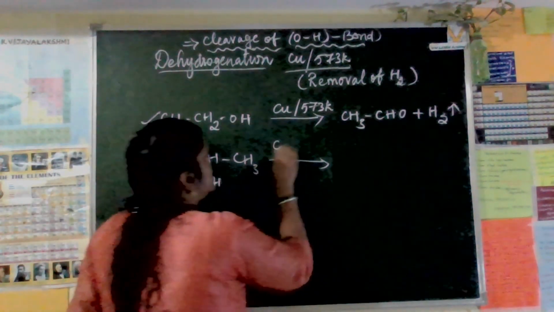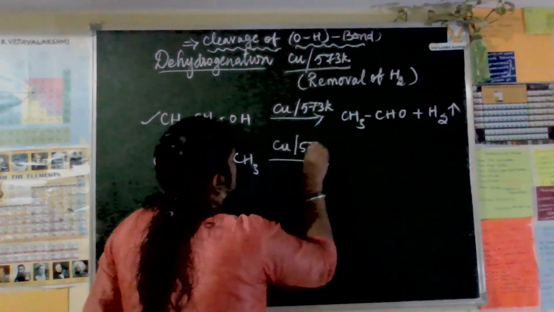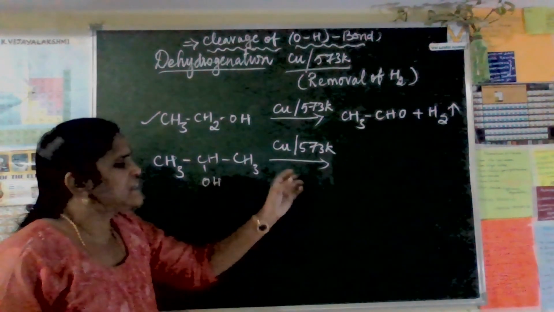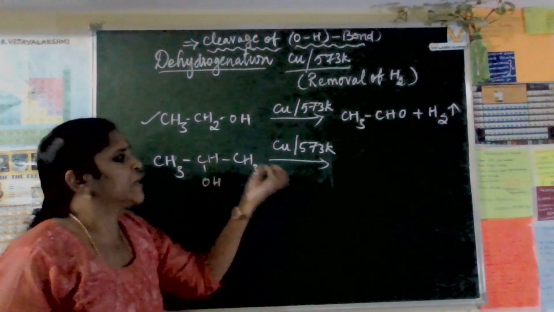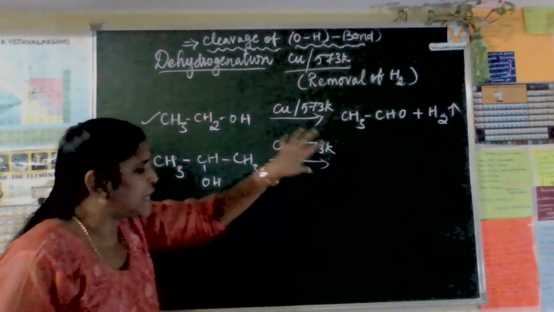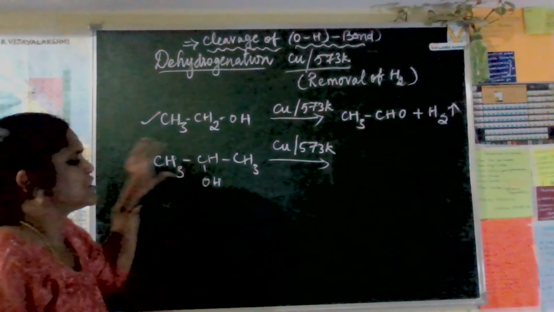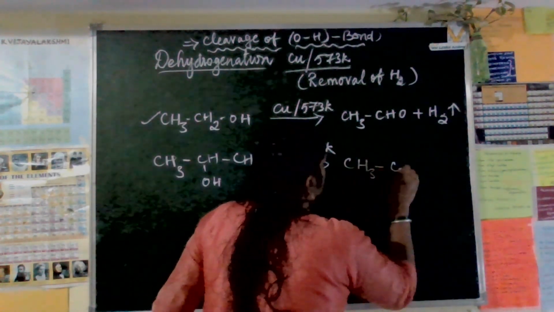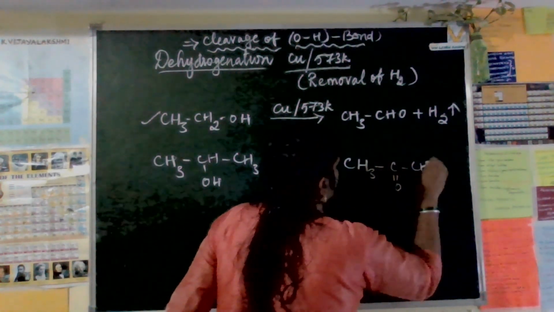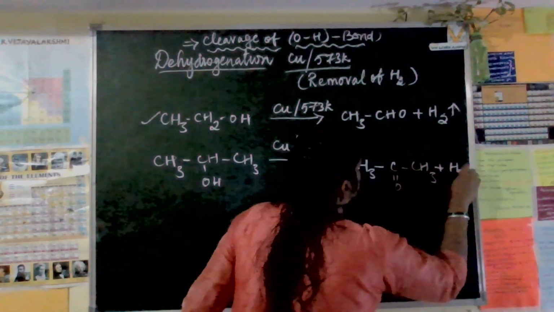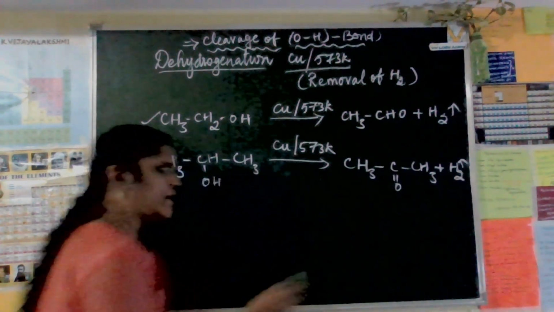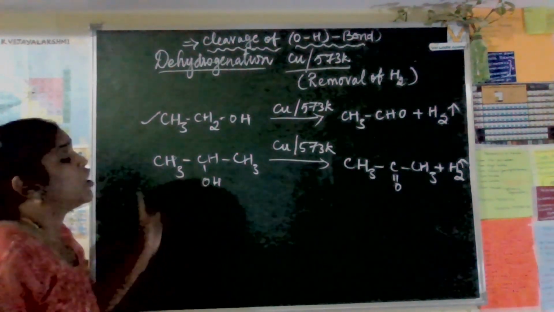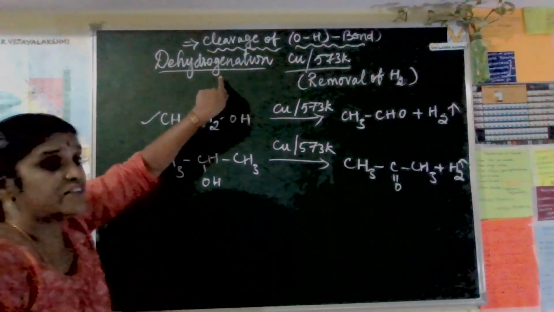The same Cu at 573 Kelvin, the copper catalyst is passed over this alcohol, red hot. What product are you receiving? CH3 C double bond O CH3, so ketone formation. Hydrogen is released. Now tertiary alcohol will not take part in dehydrogenation.